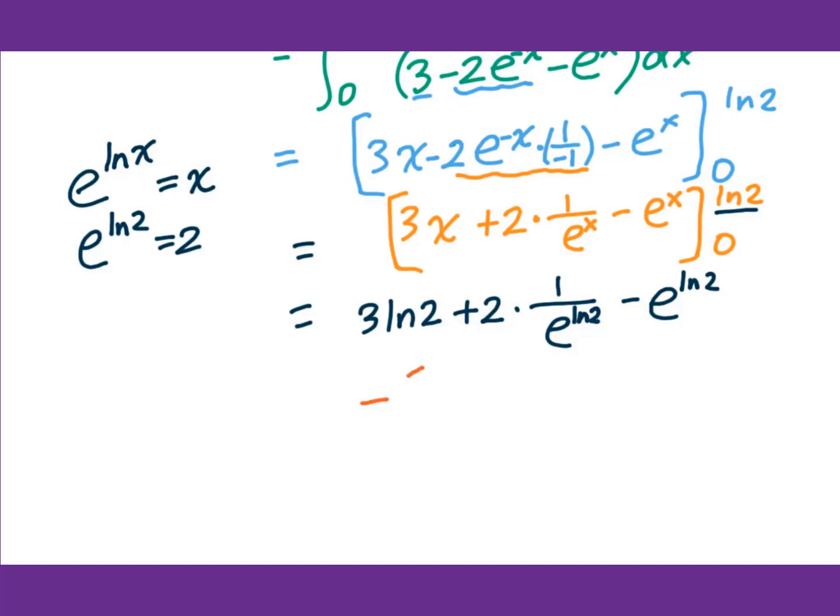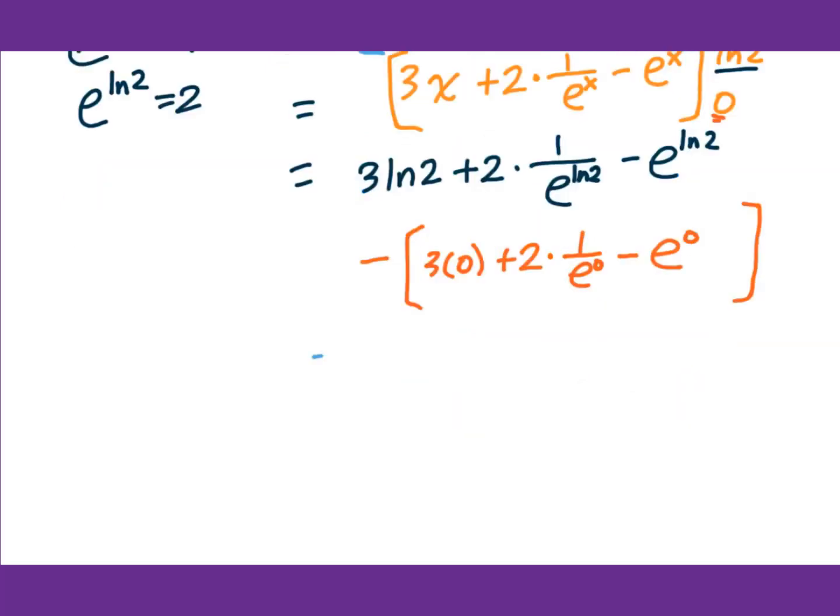Then minus, we plug in 0: 3 times 0 plus 2 times 1 over e to the 0 power minus e to the 0 power. Therefore, this gives you 2.